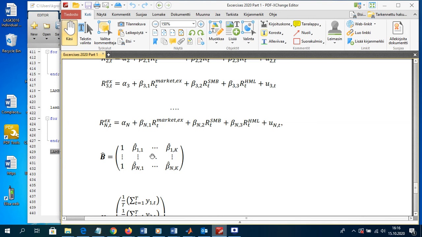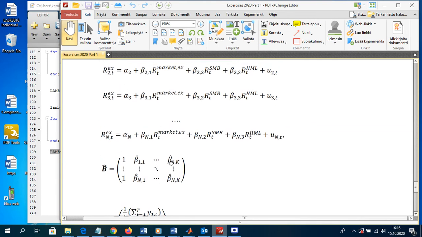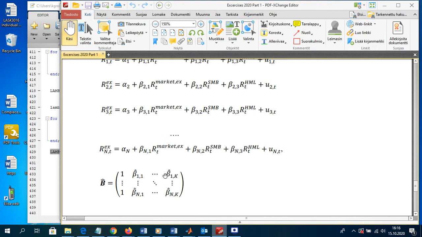This is a strong assumption, and people in finance say that in the long term beta is constant, but we have seen earlier that the beta can vary over time. Yeah, some growth stocks become value stocks for certain periods in time, and then they turn into growth stocks again, or some stocks co-move with the market factor a lot, and then after some time they are almost uncorrelated with the market factor.